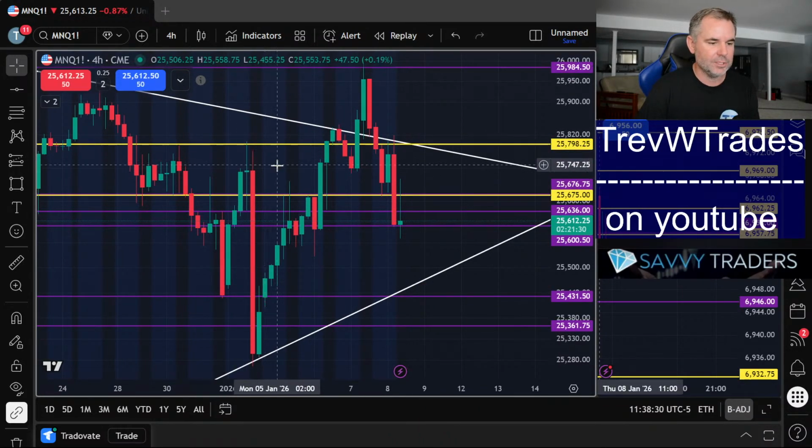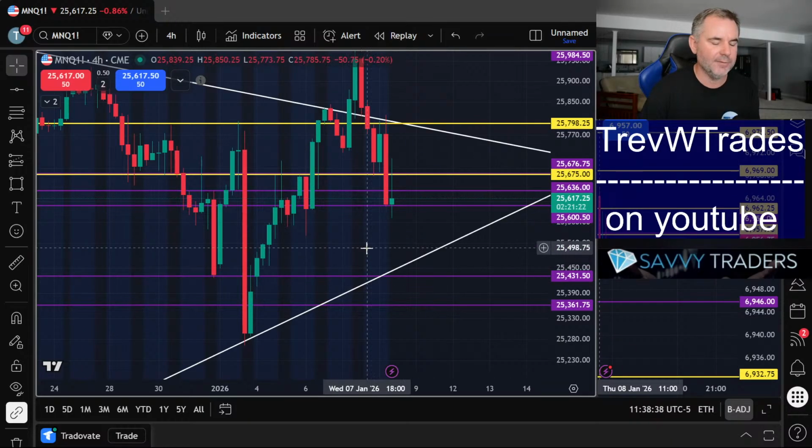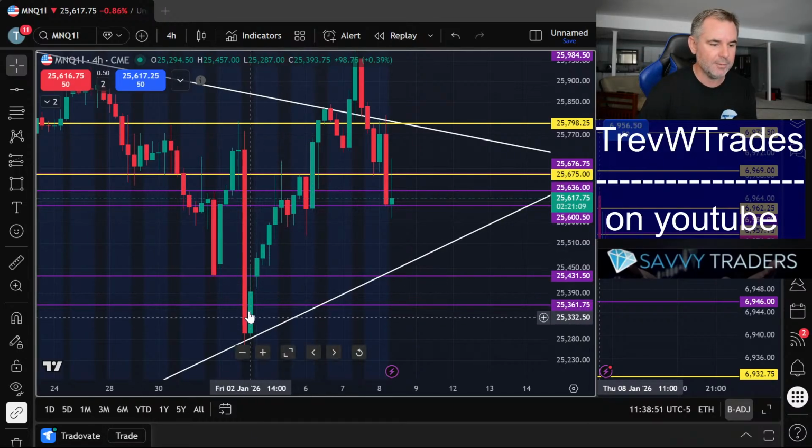So there's resistance. Now it will be resistance because we're underneath it, right? But where is our next line of support? Well, if we're looking for support, we need to look for old resistance. So where did price struggle to continue higher?